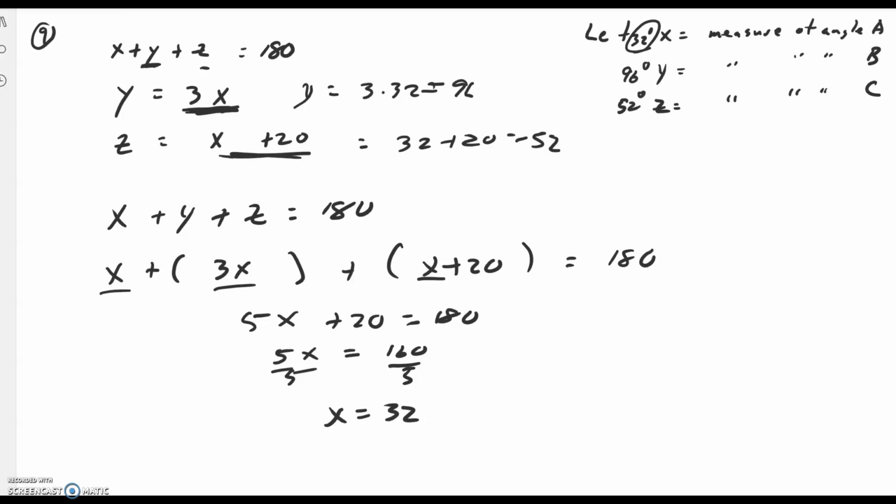So x, the measure of angle A, is 32 degrees. Y, the measure of angle B, is 96 degrees. And z, the measure of angle C, is 52 degrees. And these are the 3 answers. That one worked out pretty well. I kind of liked it.